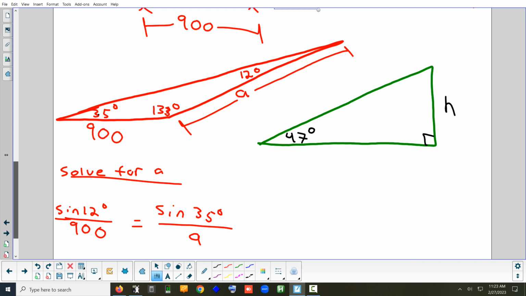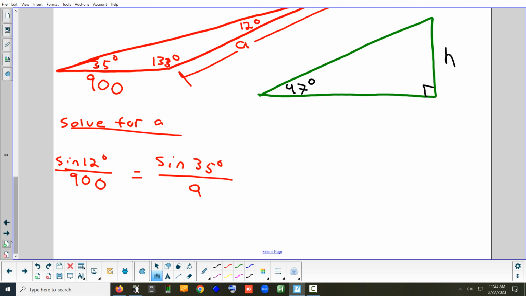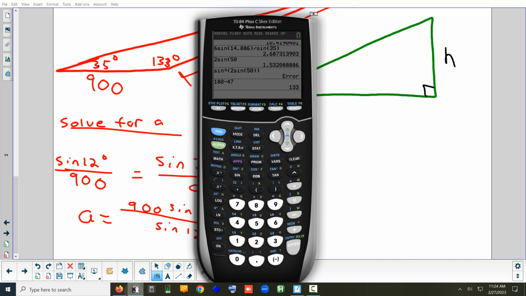Again, you might be like, why are we finding A? Well, I kind of already showed you, but we'll talk about what A is. It's something in the red triangle, but we'll talk about it in a second. Okay, so A is 900 sine 35 over sine 12. So let's see what A is.